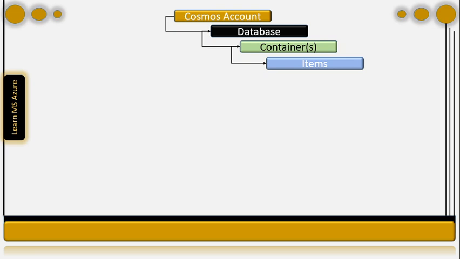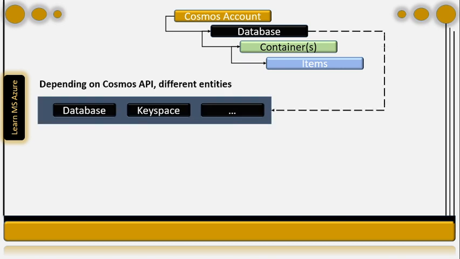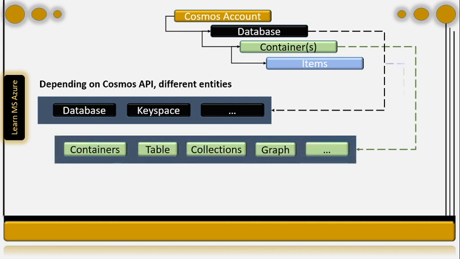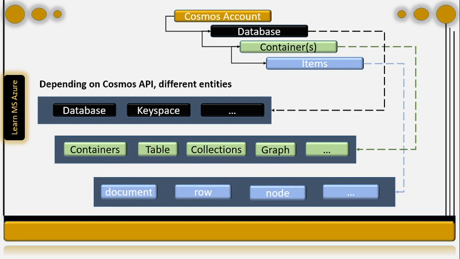And also, as we discussed, there are different APIs to choose from, and depending on that, the database may be called a database or a key space. And in case of the containers, you will also have different terms that you can use depending on the API. So it may be containers, tables, collections, or graphs.